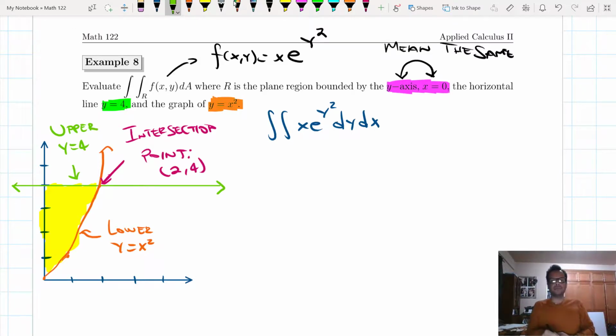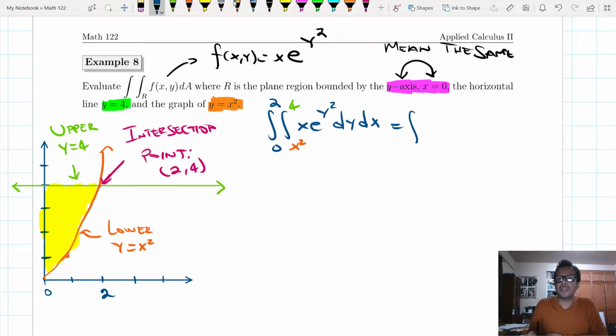Keeping the same colors, the y's go from x squared to 4. And in terms of x, we're going to go from x equals 0 to x equals 2. So that's the integral that we set up for this problem.